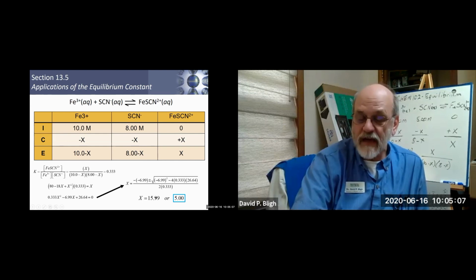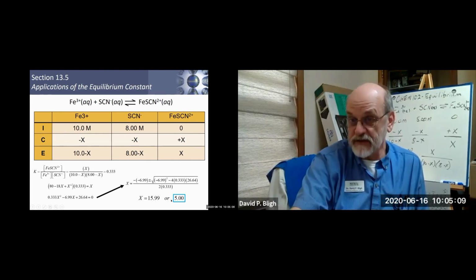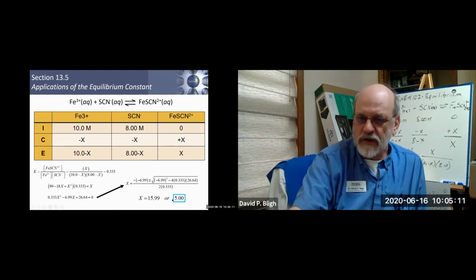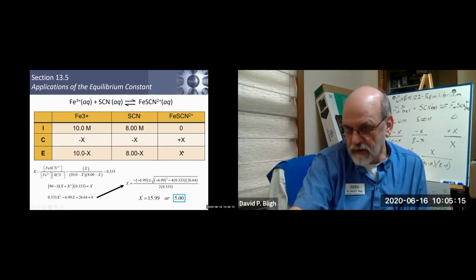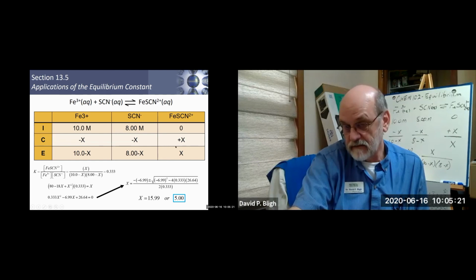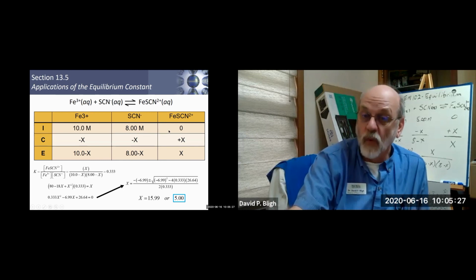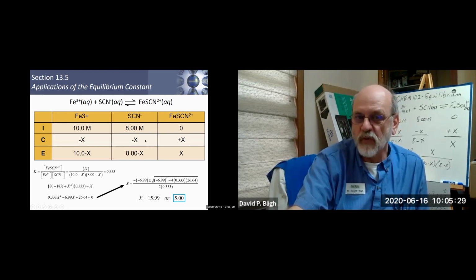In this case, we have magnitude as an issue. So you look at X, and where did X come from? Well, X came from the iron and thiocyanate, right? So if X is 15.99 and the ratio is 1 to 1, how could you get 15.99 from 10 or from 8?